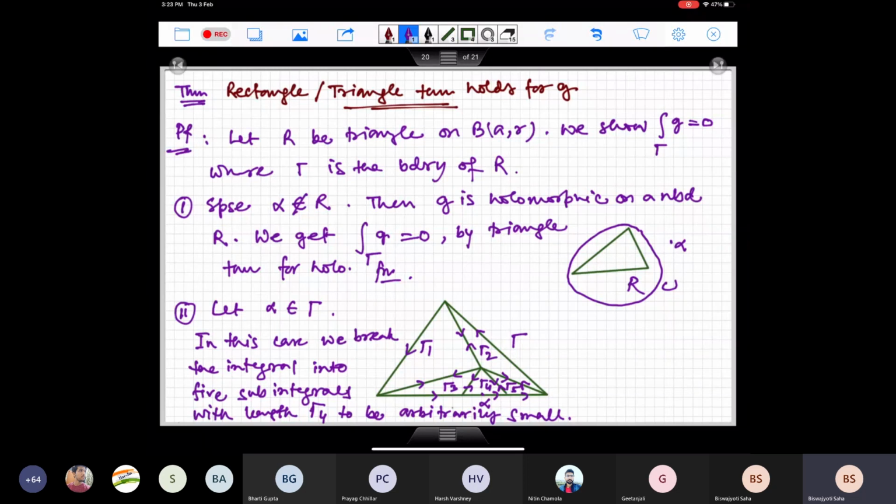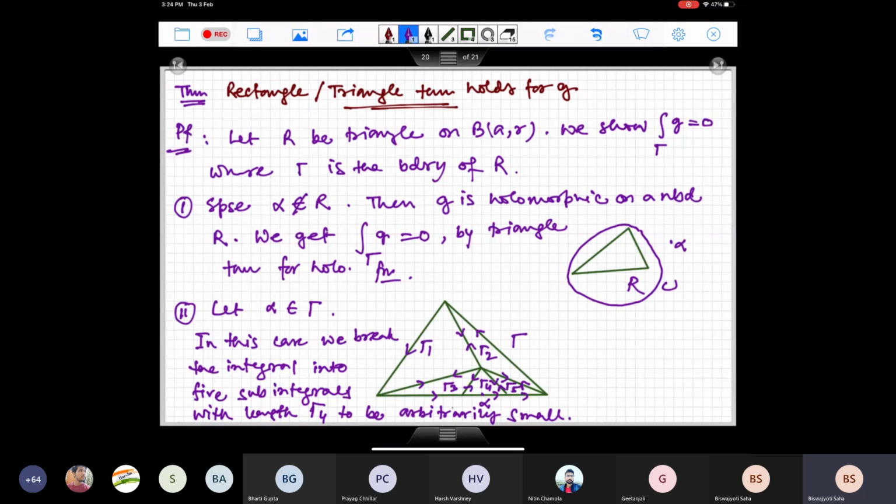Whatever I have done, I can break my triangle into 5 sub-triangles, and my main focus will be that the triangle where alpha lies, I am going to make very, very small. Here I have drawn a small picture, but of course you can draw a smaller one. So I am breaking it into 5 subintegrals.